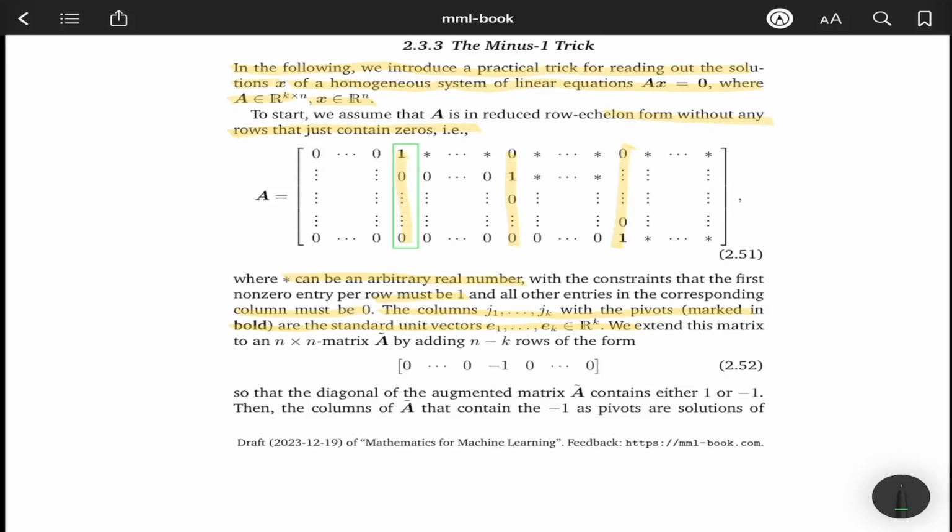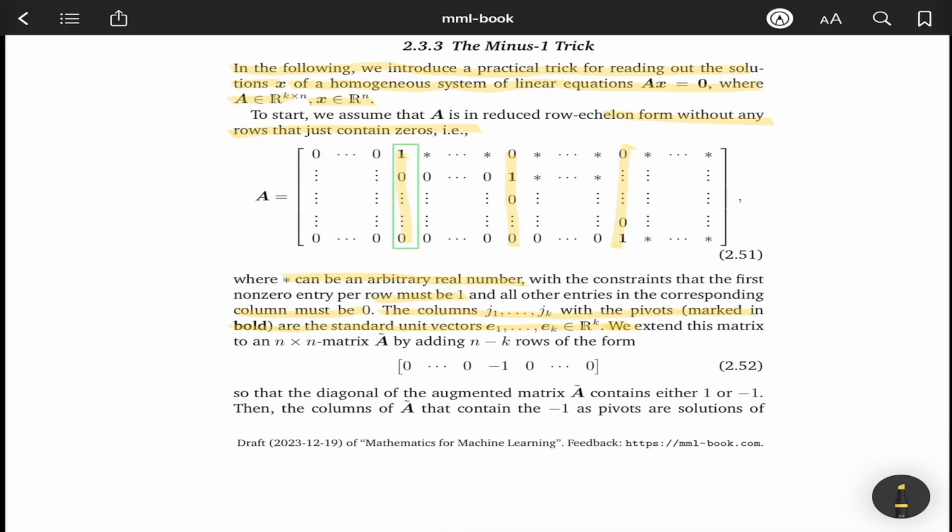It's like when you have one base system and then you translate it all into another base system. Basically, every vector can also be expressed as a linear combination of the second base system.